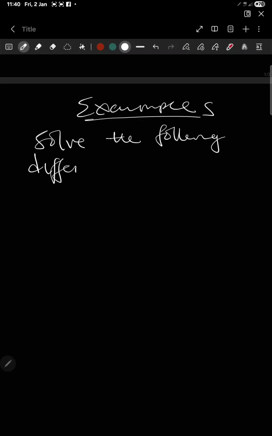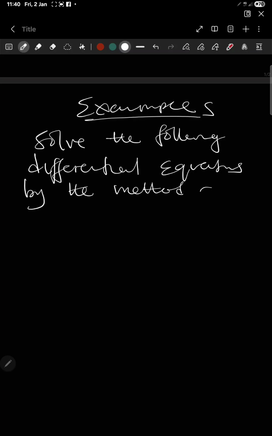Solve the following differential equations by the method of separation of variables. Sometimes they will not even tell you that this is separation of variables. They will just say solve this differential equation. So you're supposed to know by yourself how the form comes for the separation of variables. Now we have our first question, which is a.